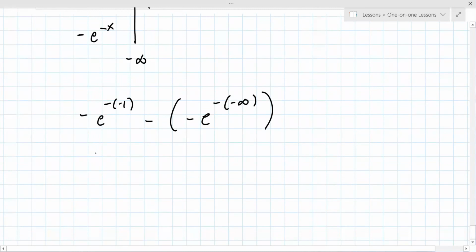So the first one here is minus e to the 1. Second one here is plus e to the infinity. E to the infinity is infinity, just really large. Anything you add to infinity is still infinity. So since it goes to infinity, it diverges.